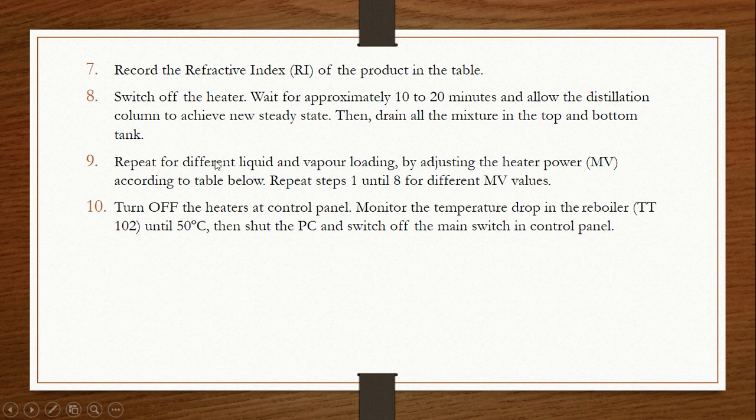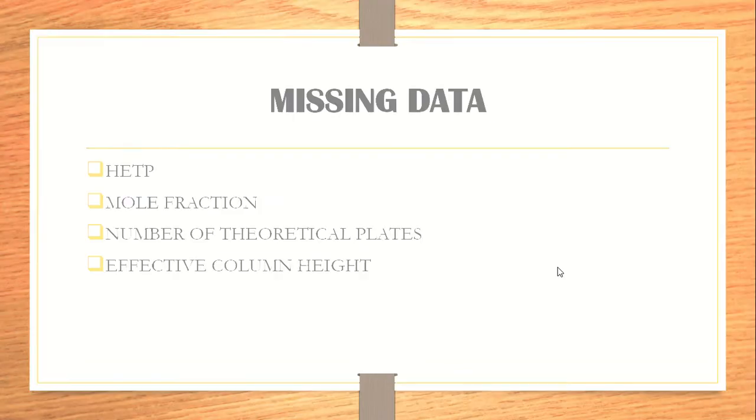After we repeat the experiment, we turn off the heaters at the control panel. We monitor the temperature drop in the reboiler, which is TT102, until it reaches 50 degrees Celsius. Then we shut down the PC and switch off the main switch in the control panel.